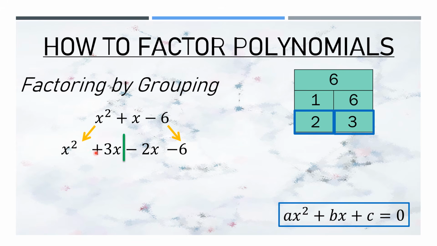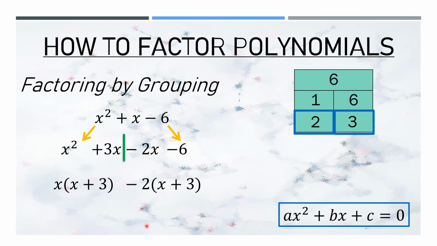Okay, so x squared plus 3x. Ano yung factors ng x squared plus 3x? So, x times the quantity of x plus 3. X times x is x squared, and x times positive 3 is positive 3x. Next, let us now find the factors of negative 2x minus 6.